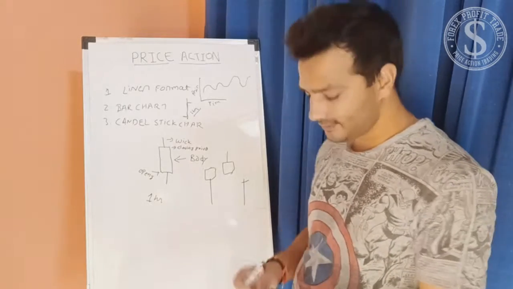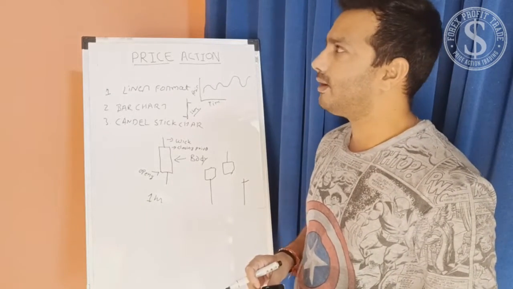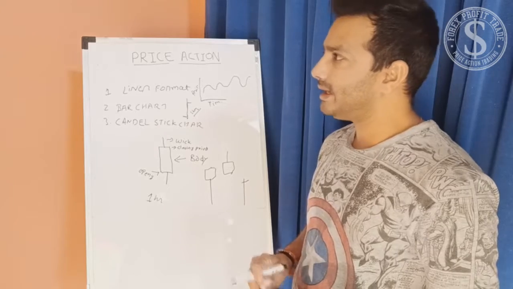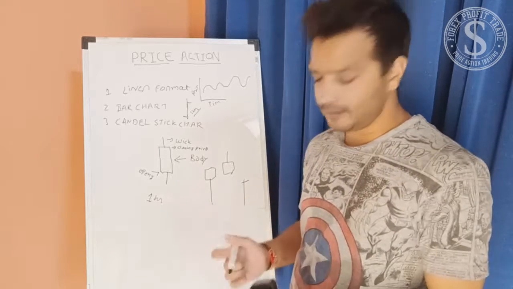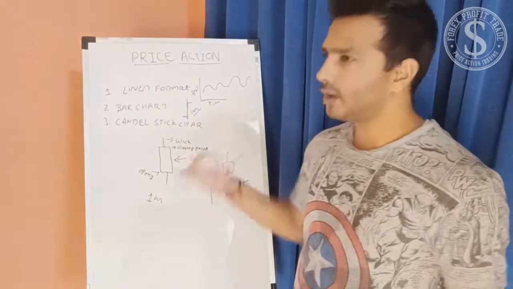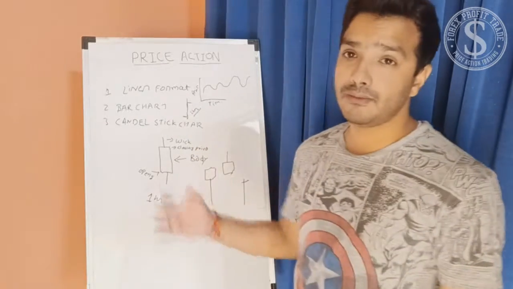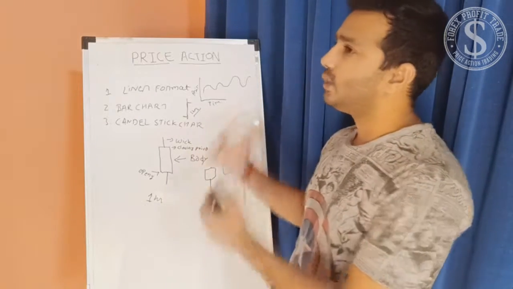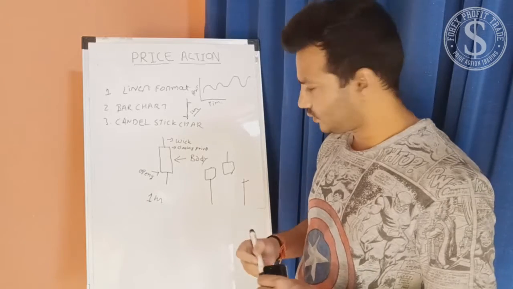There are different kinds of names that you have for candlesticks. It can be an inside bar, it can be an outside bar, and we will talk about them in our upcoming videos, which will be about the advanced price action system and how to trade.